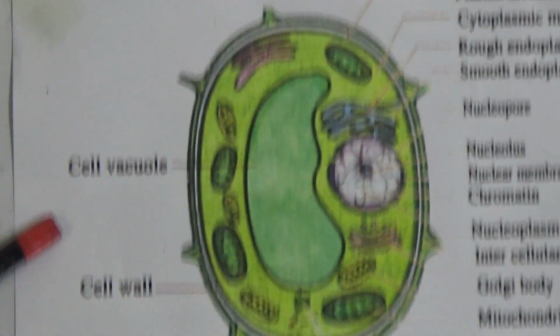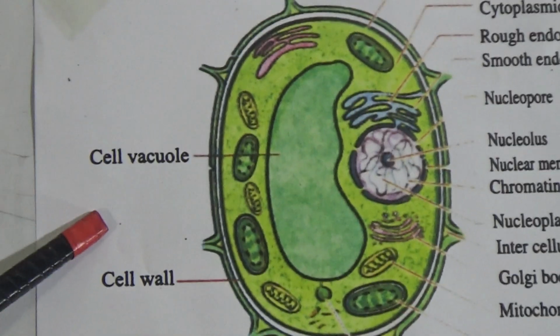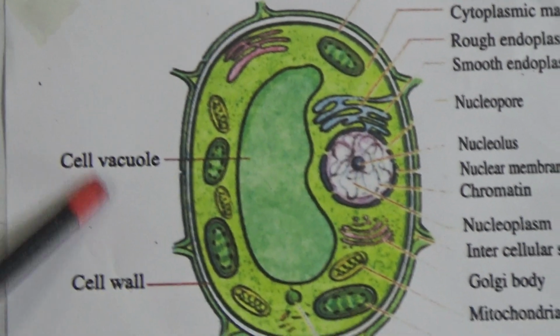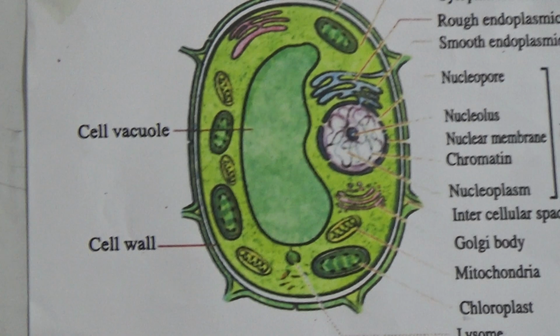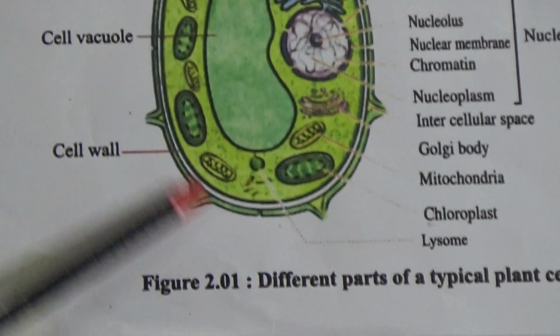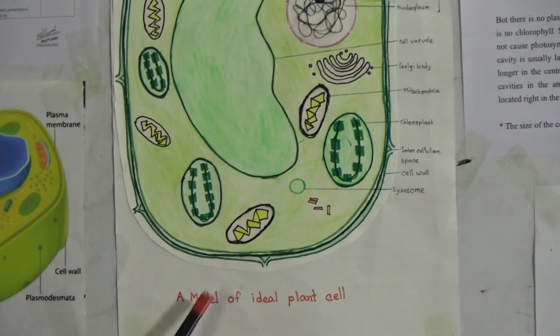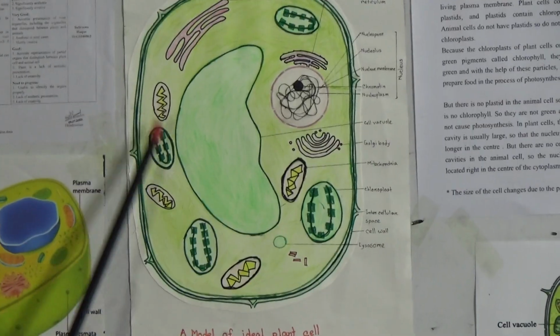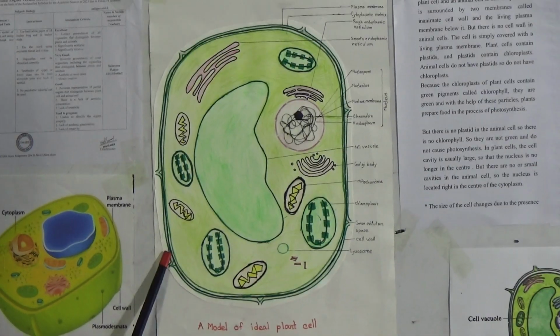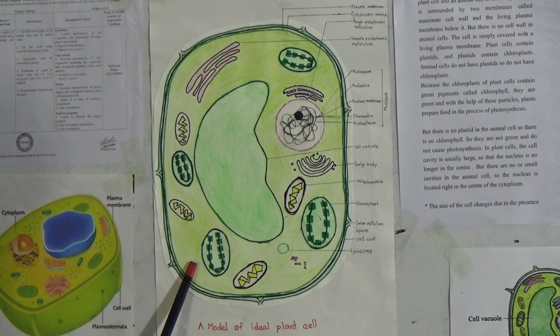Come, this is the picture you have in your book. Follow the picture for making the model of your assignment. You have this picture in your book in chapter 2, and this is white paper of 12-inch width and 18-inch length, and I just drew this picture. First I drew by using the pencil, then I colored it using pencil color.